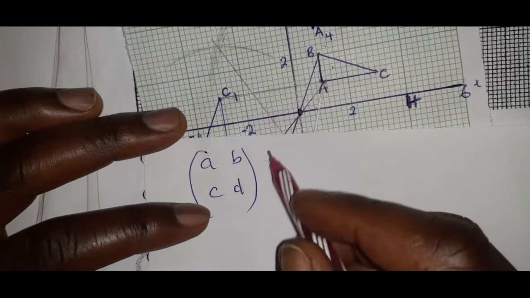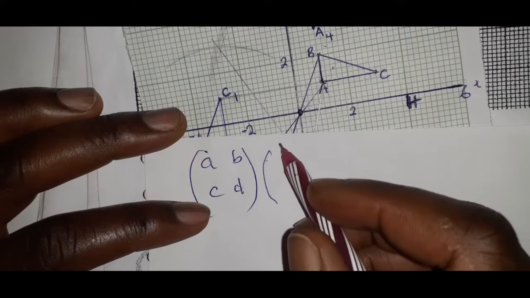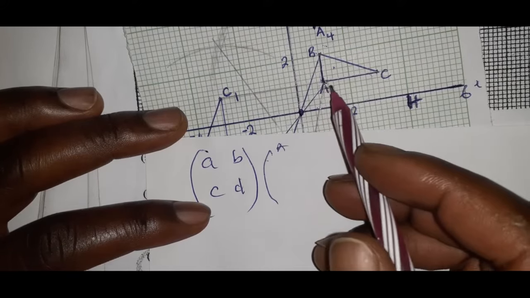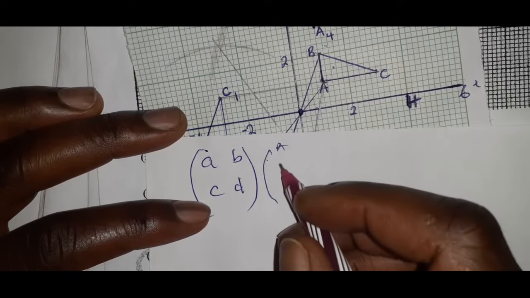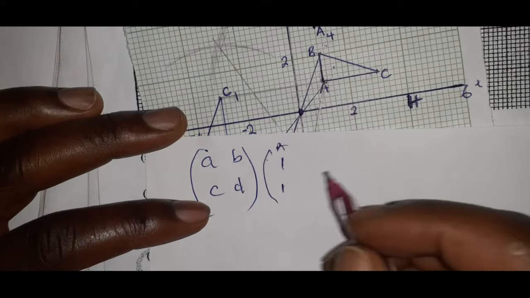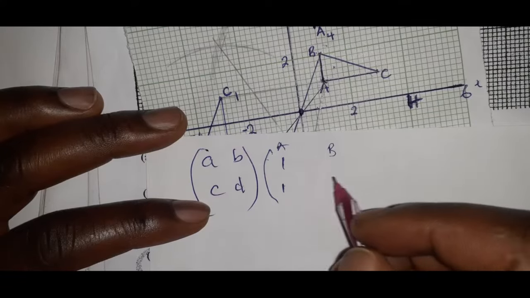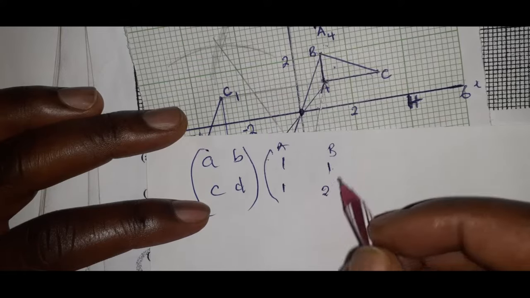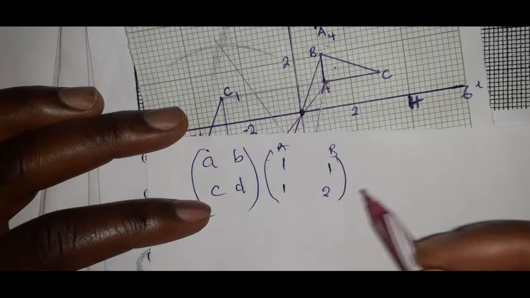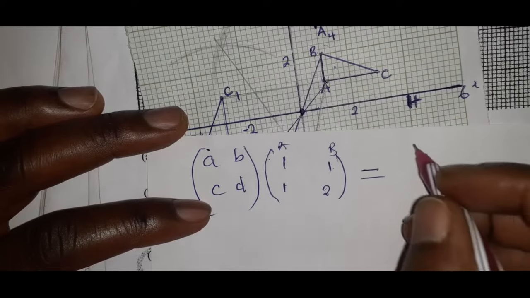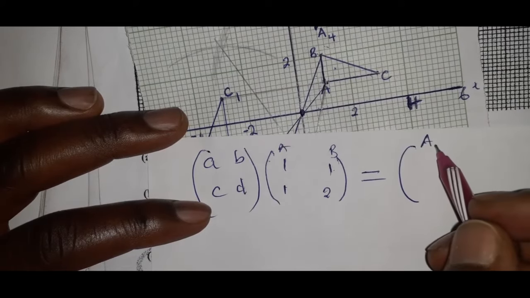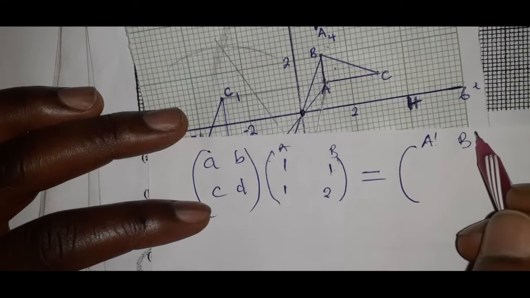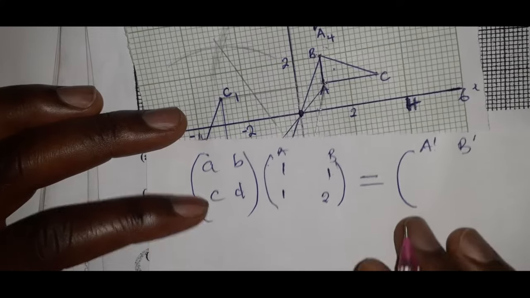Let's get the coordinates. For instance, A is 1, 1. Then B is 1, 2. Okay, this is supposed to give us the A prime and B prime. That is like the image now.